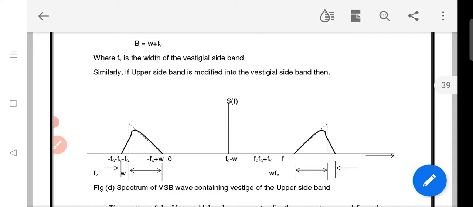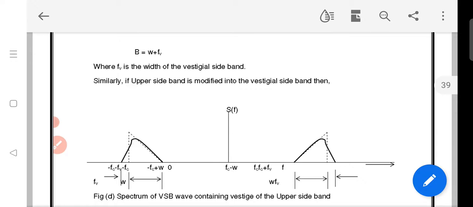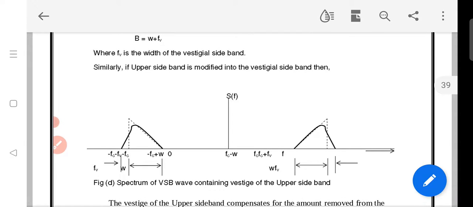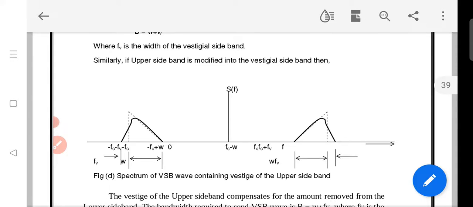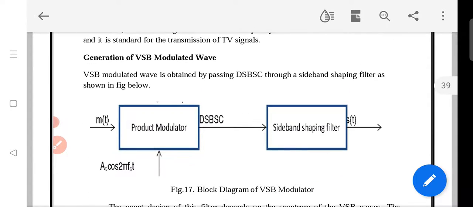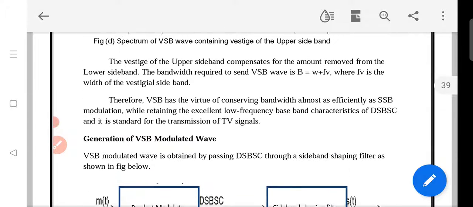But in the case of VSB, the bandwidth is fm plus the frequency of the vestige, so W plus fv. Here fv is the width of the vestigial sideband. If we want to send the lower sideband, the vestige part of the upper sideband will be added, and vice versa. So this is the generation technique of VSB.